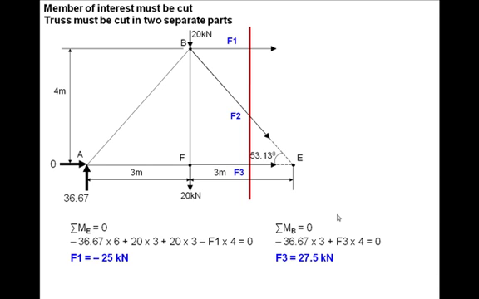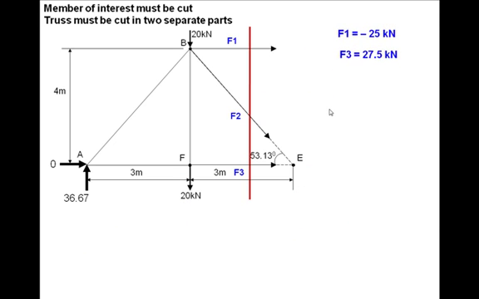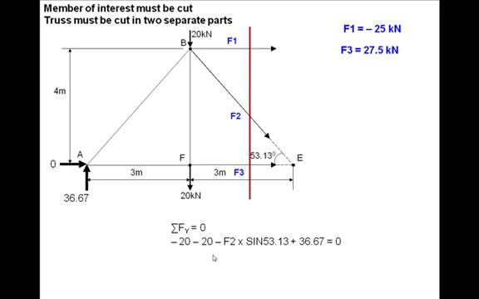Now suppose I was never interested in F1 and F3, but I wanted only F2. I could have taken the same section, and then I look at whether F1 and F3 meet somewhere. They don't, because they are parallel. Then I go for sigma Fy equal to 0. F1 and F3 happen to be in the x direction, so in sigma Fy equal to 0 they will not appear. What will appear?